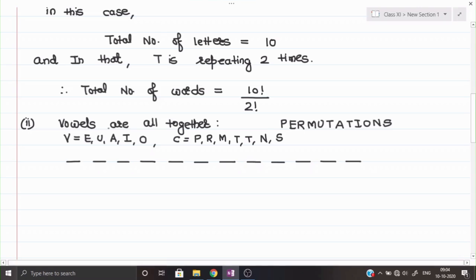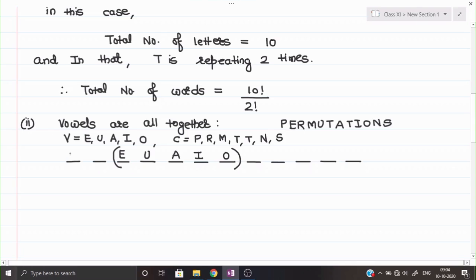Suppose I say the vowels E, U, A, I and then O form one group. Wherever they go, these 5 vowels will go all together, at the same place.